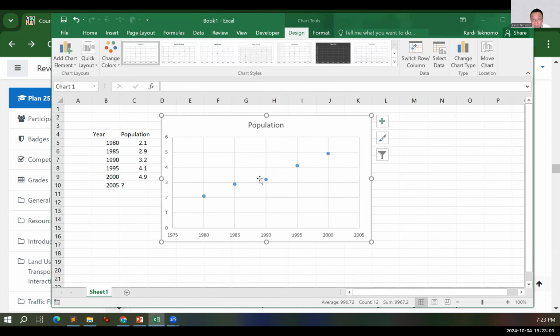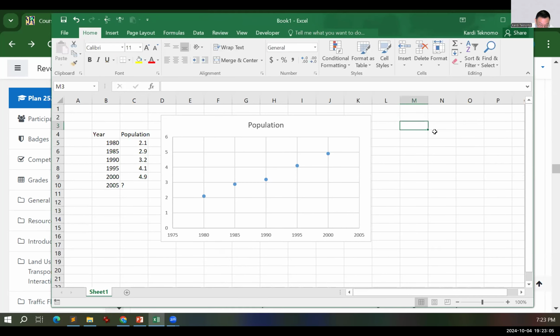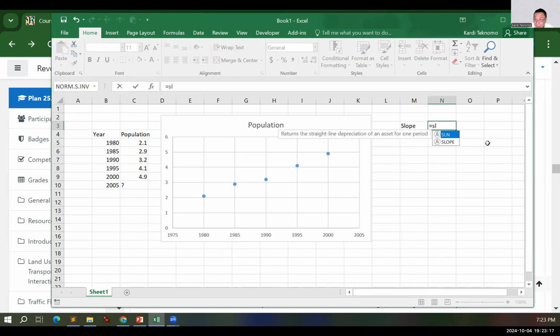So one way is to compute. You need to compute the slope and the intercept. In that case, you just type equals slope. The slope, what you see here, the known y and the known x.